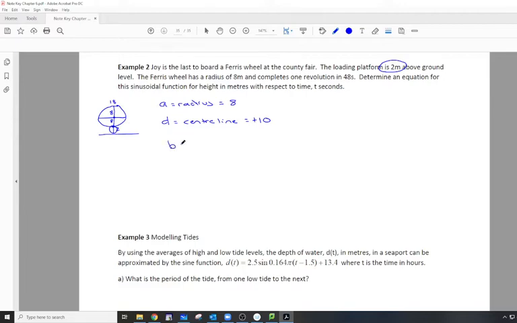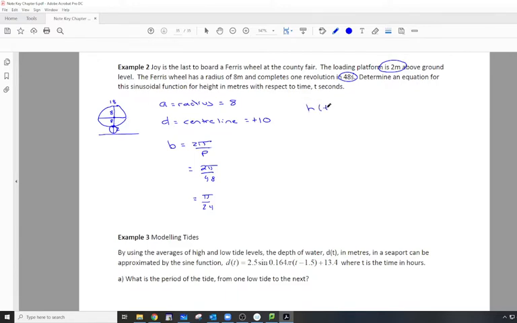And then B is always 2 pi divided by the period. And for this equation, it completes 1 revolution in 48 seconds. So 2 pi divided by 48, which simplifies to pi over 24. Okay. Now, the next thing I want you to think of is the fact that you are loading at the bottom of your Ferris wheel. So again, I'm going to use cos.